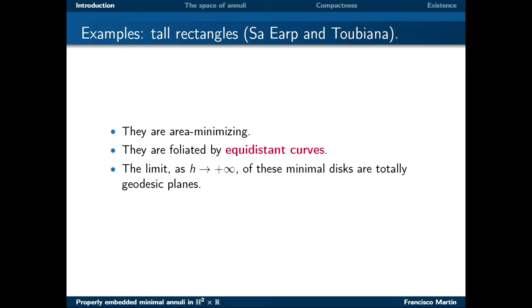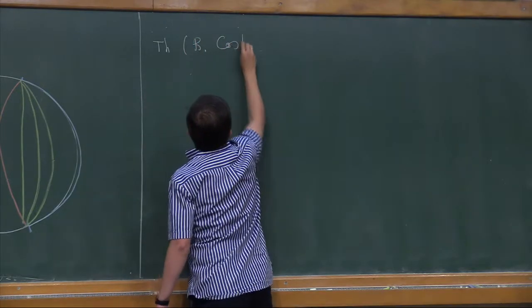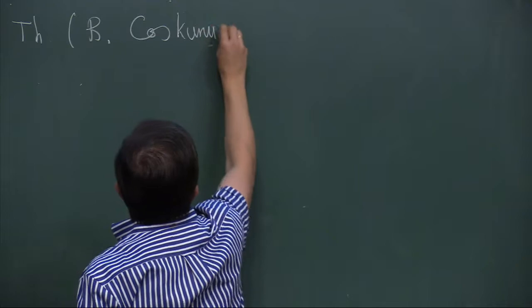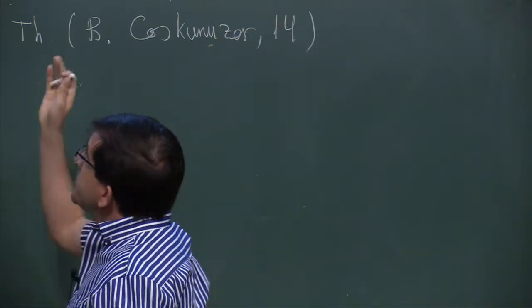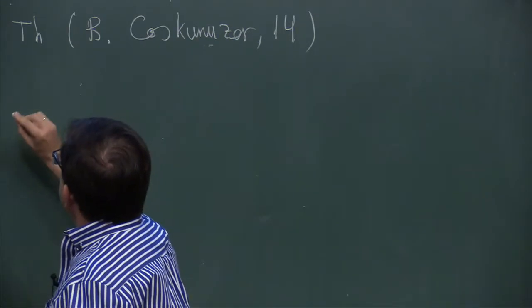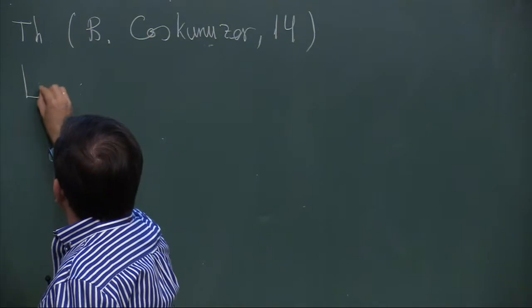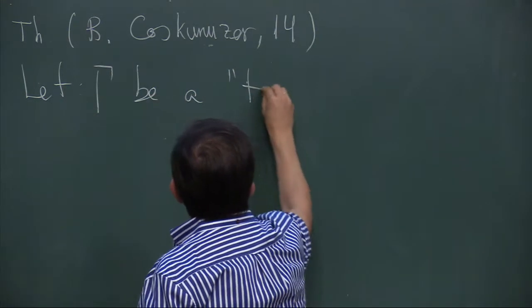Well, these examples are important because very recently Baris Coskunuzer used these examples as a barrier to prove the following. Imagine that you have a tall curve gamma.